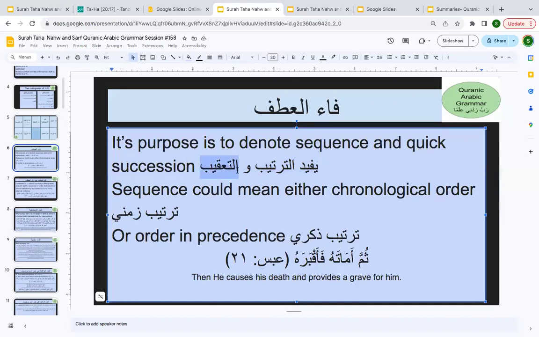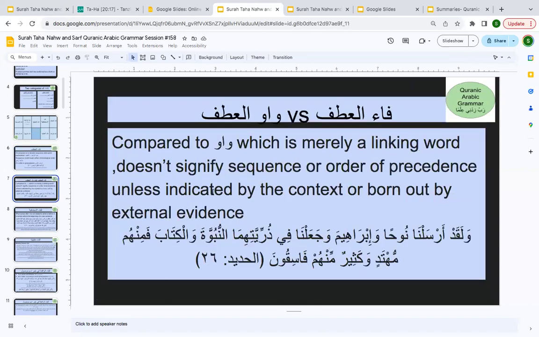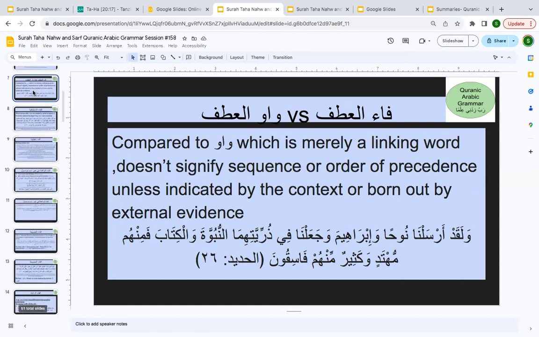You will know a kind of result as well with fa. With waw you don't have the same sequencing; you have to know based on the context. Okay, so is fa atf clear to all of you? Now when you go through your verses and you see Allah is mentioning, then we gave them this, then we gave them this, it is going to be, inshallah, easy for you, I hope.